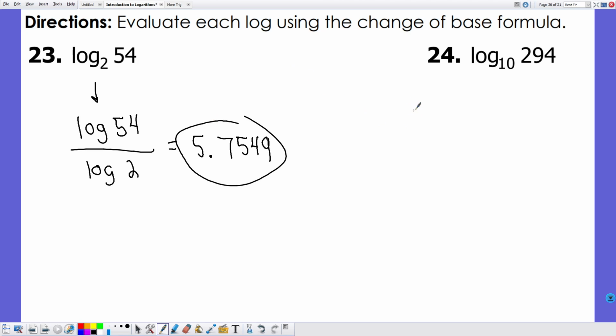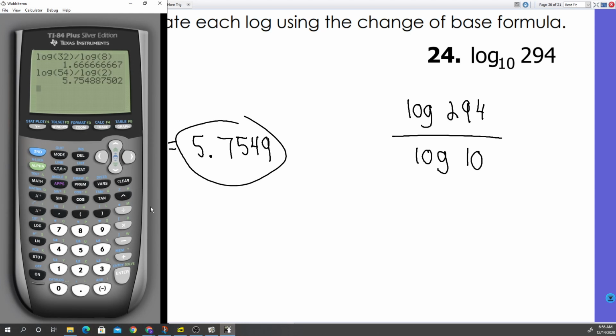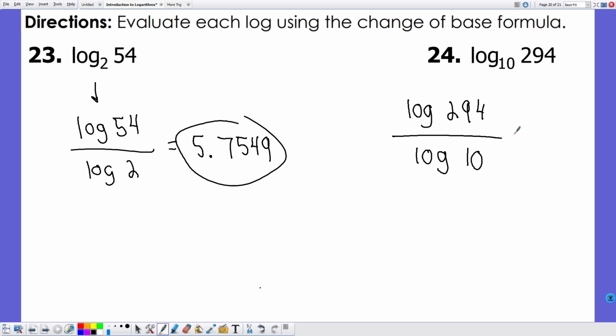So, then this one's log of 294 over log of 10. Just to show, log base 10 of 10 is just 1. So what we are really just finding right now is literally just the log of 294, because we're dividing it by 1.